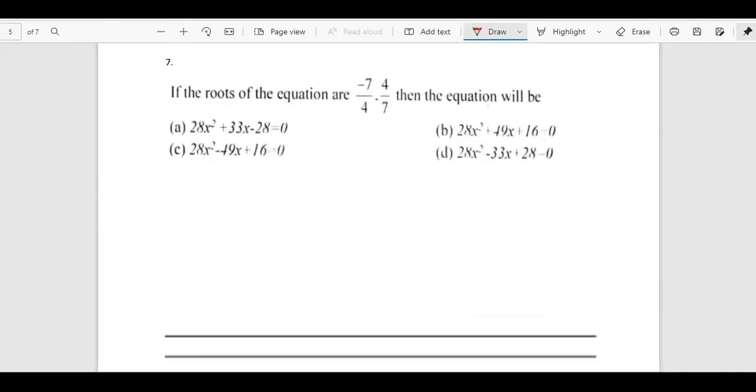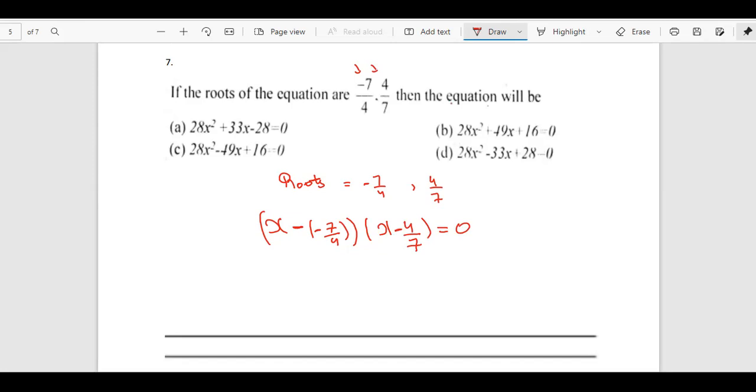Okay, now, if the roots of the equation are this and this, then the equation will be, now clearly, let's say roots are minus 7 by 4 and 4 by 7, this means that I will have x minus 7 by 4 into x minus 4 by 7 equals 0, because only then I will have x equals minus 7 by 4 and x equals 4 by 7, okay?